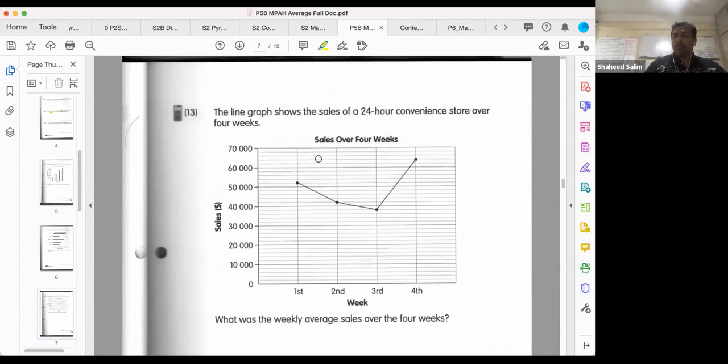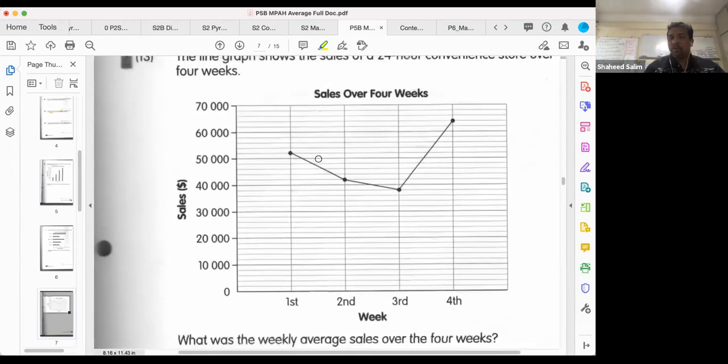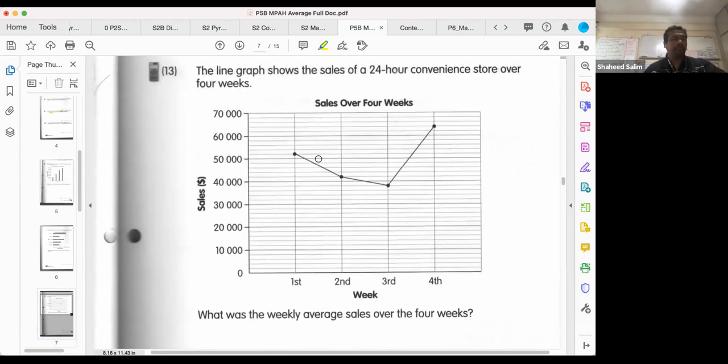Now we try the next one. See, this is how to read.